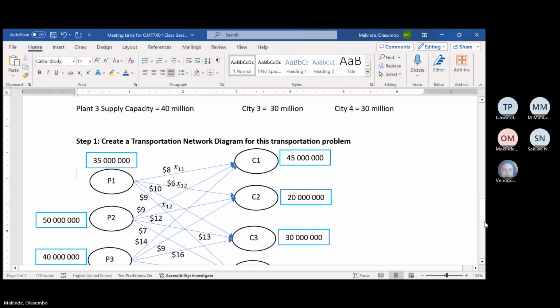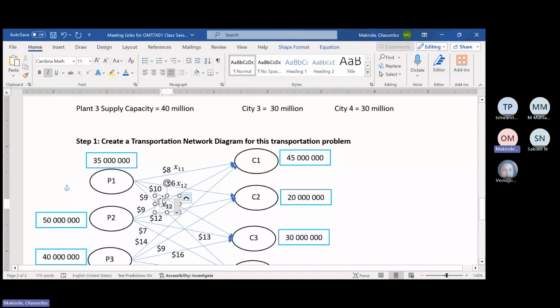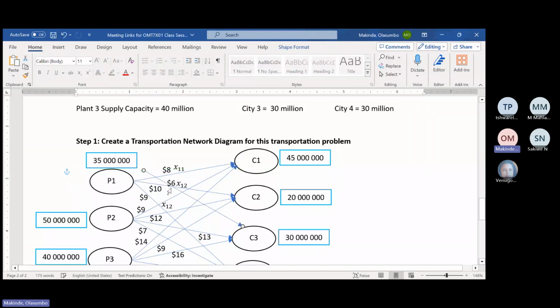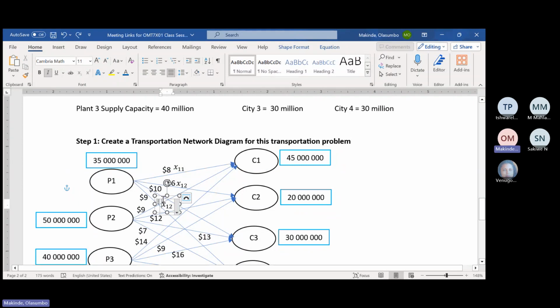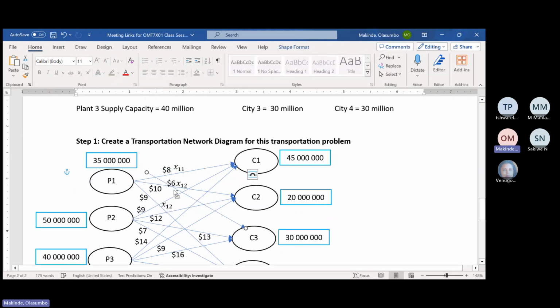X13 is somewhere here, because I want to put it closer to the arrow of 1 to 3.